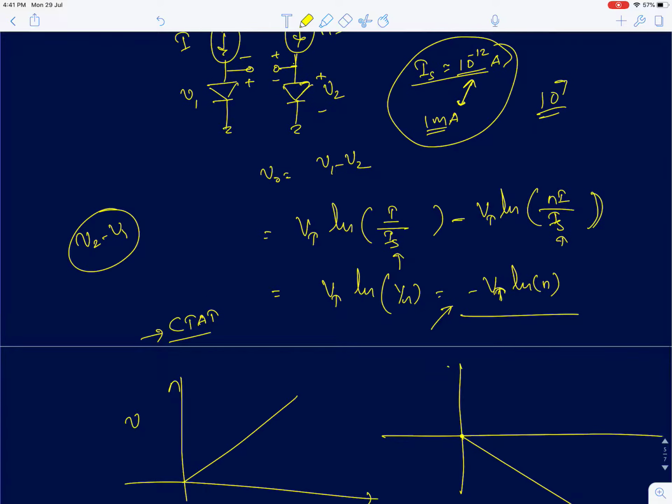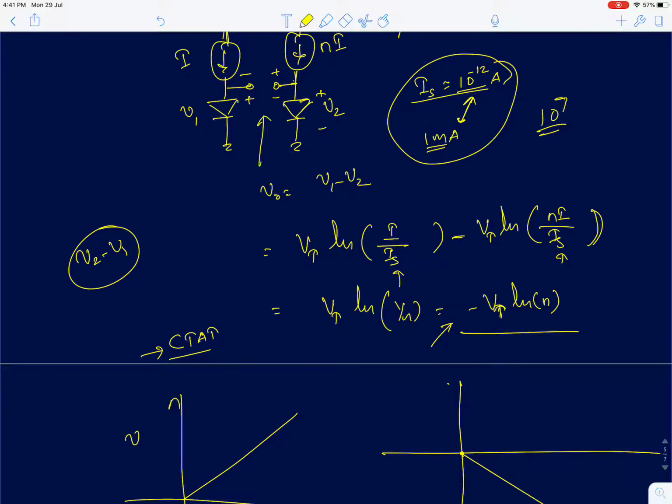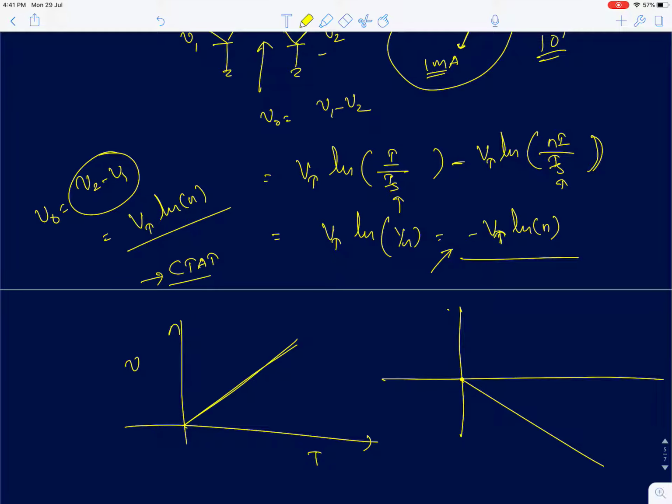If I just interchange the polarity and take the output V0 as V2 minus V1, I will get a Ptat source, which is Vt into ln n, a positive temperature coefficient. Here, without interchanging, we get a negative temperature coefficient.